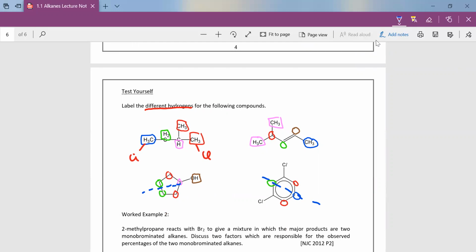For the first compound, you have 1, 2, 3, 4, 4 types of hydrogen. Second compound, you have 1, 2, 3, 4, 5 types of hydrogen. The third compound, you have 1, 2, 3, 4, 4 types of hydrogen. And the last compound, you have 1, 2, 3, just 3 kinds, because there's an internal plane of symmetry.